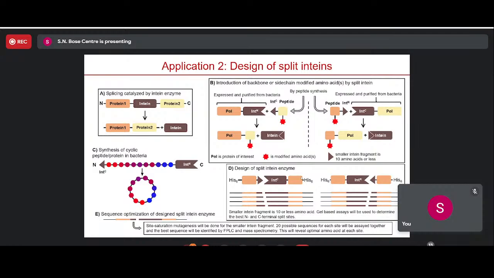It cleaves itself out, and it joins these two. So now you have a protein with this unnatural amino acid or a phosphorylation or any other chemical modification that you want in a very specific site. Okay. So this is something that we are trying to do now. We are trying to design split enzymes that can be used for making this type of proteins with unnatural amino acids, and also make this type of cyclic peptide library inside the bacteria.